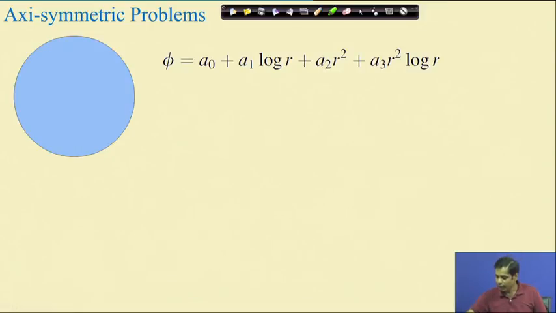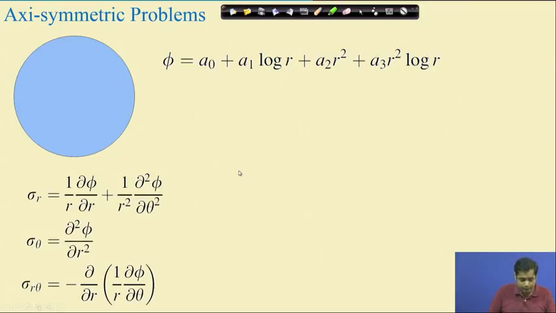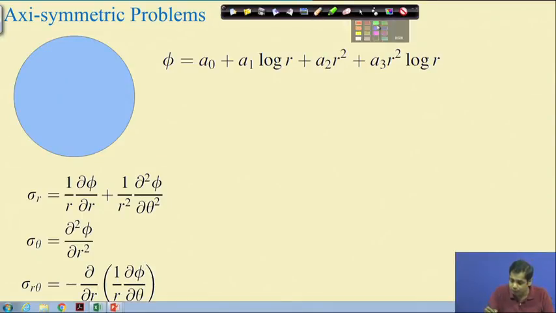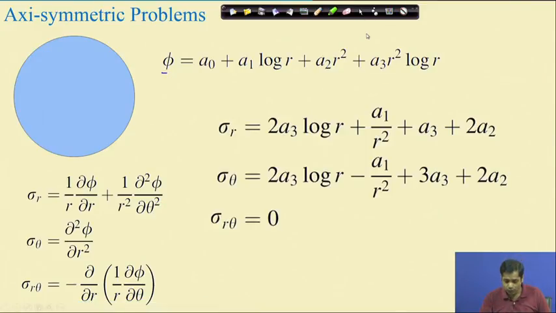We have a relation of sigma r, sigma theta, sigma r theta and phi. So, we can substitute this phi into this expression and get the expressions for sigma r, sigma theta and sigma r theta. If we do that exercise, we have an expression like this.